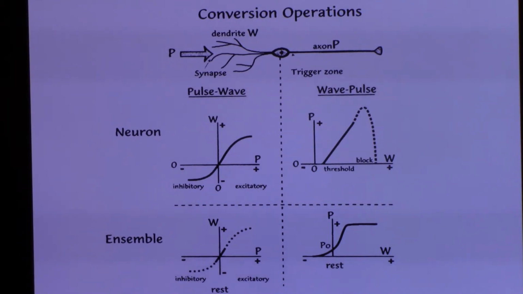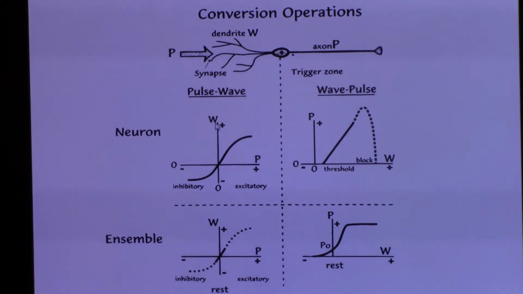So there's two conversions. One is at the synapse, where the pulse pattern gets converted into a wave, and it has a linear range, but it saturates. You can have this in the inhibitory too. The y-axis there is voltage; think of it as the activity of the wave signal, as output.